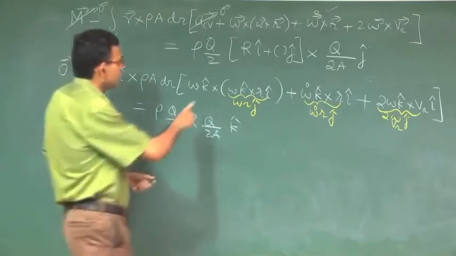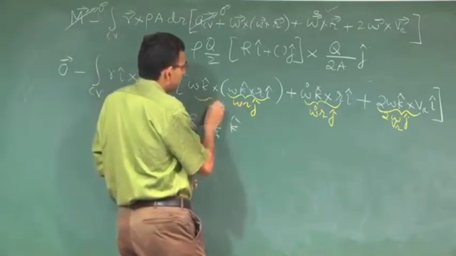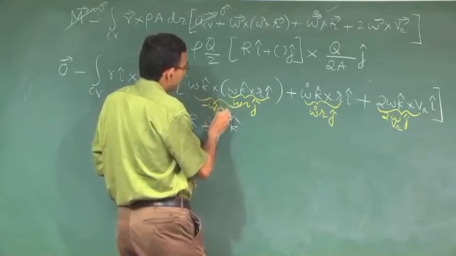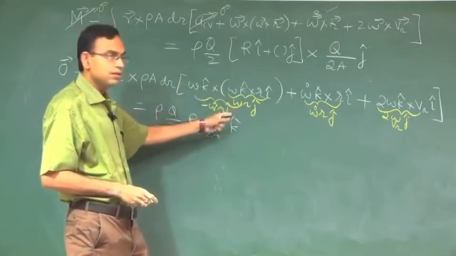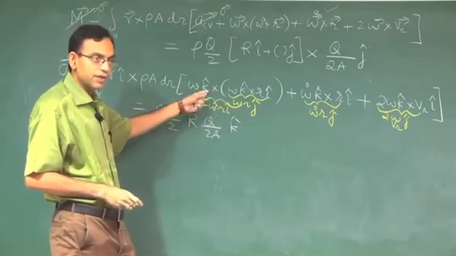Then k cross j is minus i, so minus omega square r i, that i cross i will make this term ineffective.